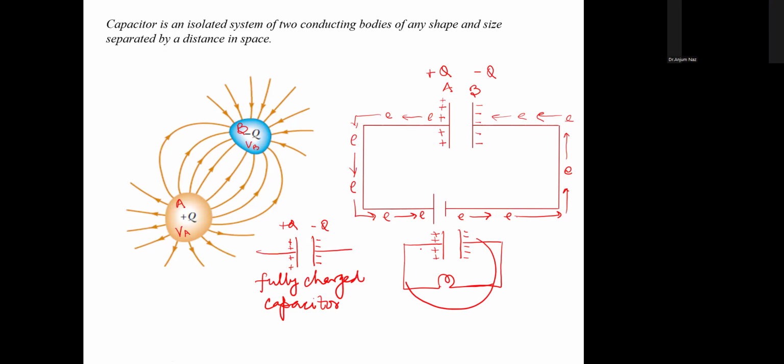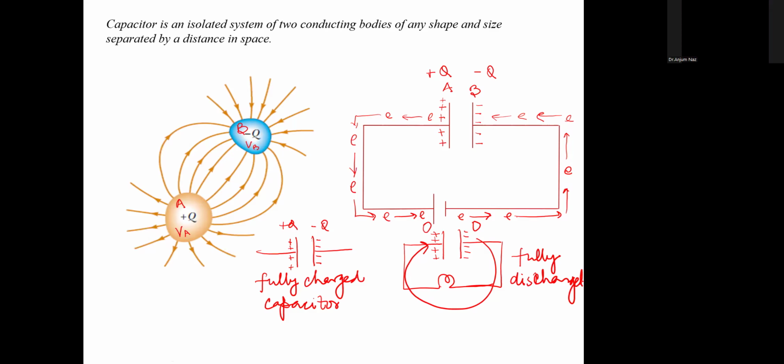The charge on this plate becomes 0, and on this one also becomes 0, because the electrons are transferred from this plate, and it means that now the capacitor is fully discharged.